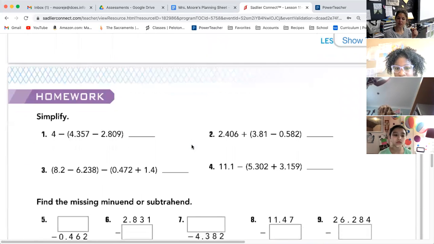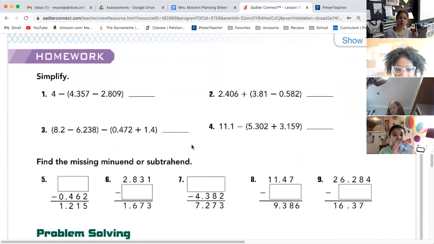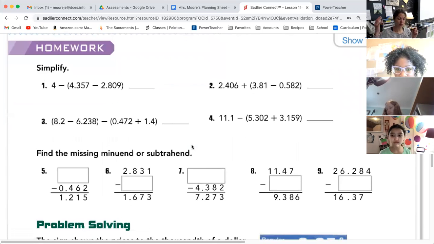But now we're taking it to the next level and saying, okay, now use the skills you are aware of now with subtracting decimals. Now apply it to other domains like order of operations or fact families or problem solving. So we're going to use that information in a more complex way here on your homework, okay?